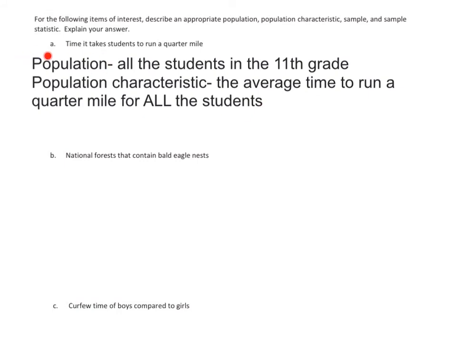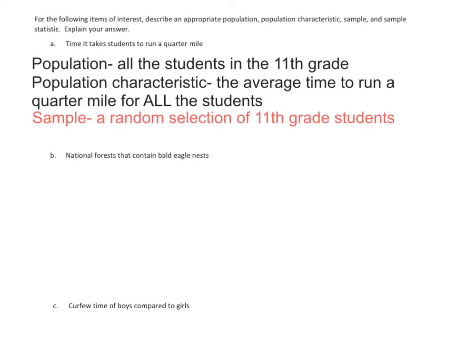So a population is describing who they are. Now the characteristic is something like the mean, the average or the mean time it takes to run a quarter mile. Now we need to do something with a sample. So my sample might be to the effect a random selection of 11th grade students. Notice I'm using the word random. Okay, there's a random chance that this could happen to you, and it's just a part of the 11th grade class.